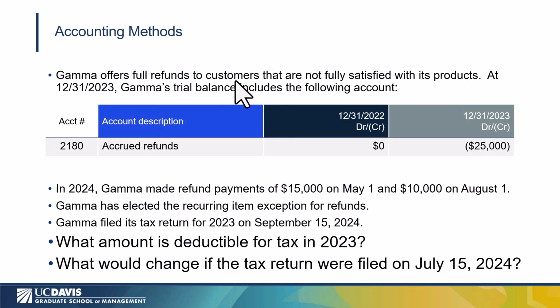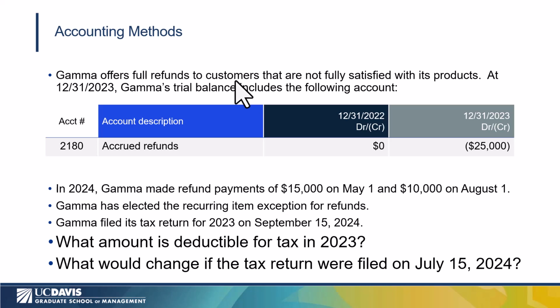Okay, so let's do a quick reinforcement here. Gamma offers full refunds to customers that are not fully satisfied with its products. At 12/31/23, Gamma's trial balance includes the following accounts. So they have accrued refunds on their books of $25,000. So let's think about the tax accounting for that. So what that means is some of their customers have presented a claim for a refund.